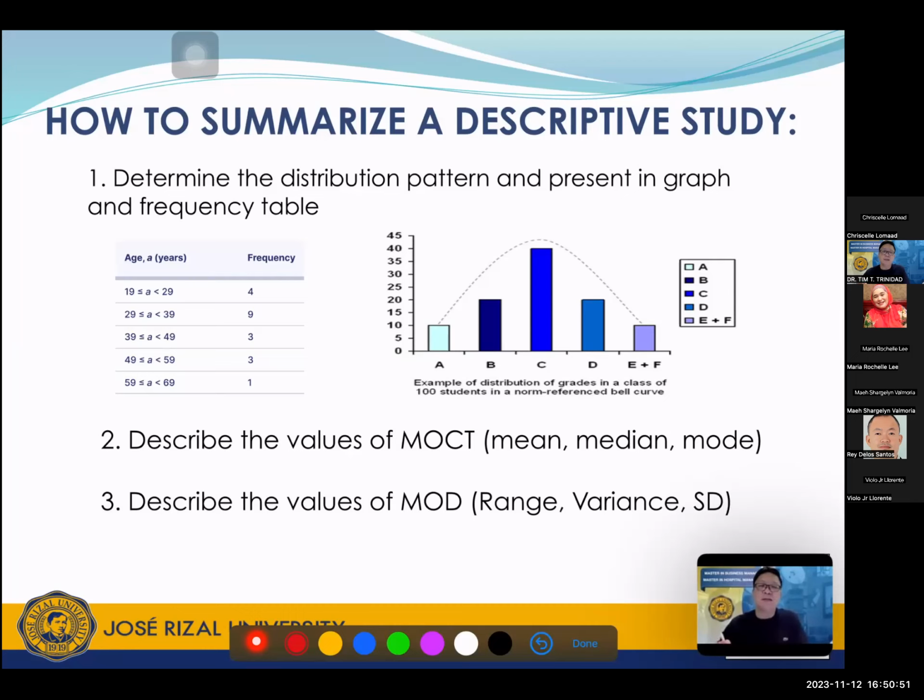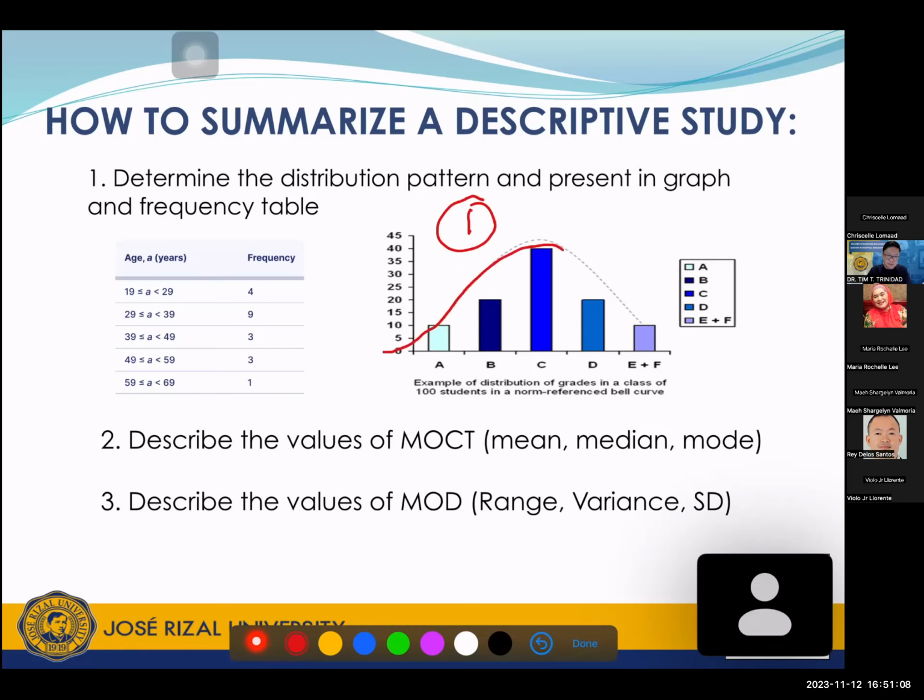Again, this is just summarizing things up before we end. How are you going to describe your data again? Number one is distribution, frequency, central tendency. Know the distribution of data.